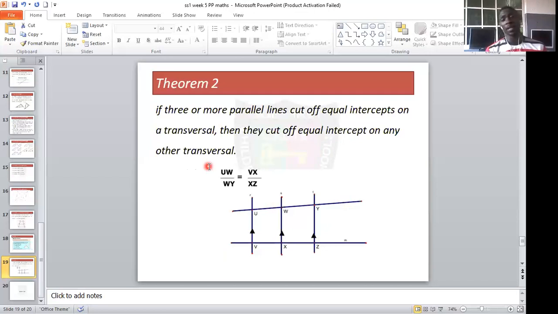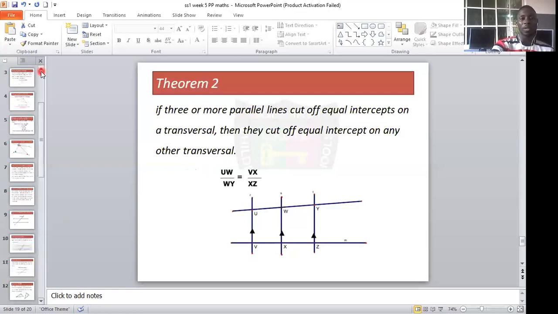When three or more parallel lines cut off equal intercepts on the transversal, then they cut off equal intercepts on any other transversal. So if you are looking at the intercept theorem and you have a condition like this, you just follow the theorem, which is UW over WY equals VX over XZ.